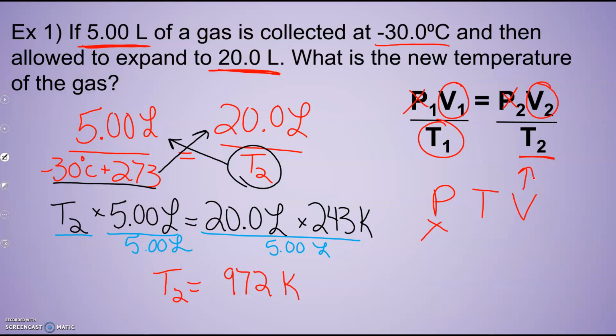So theoretically, what should happen to our temperature? Well, our temperature should also go up due to the relationship they have. So our initial temperature was 243, and now it's 972. So yes, it did go up, so our answer makes sense.